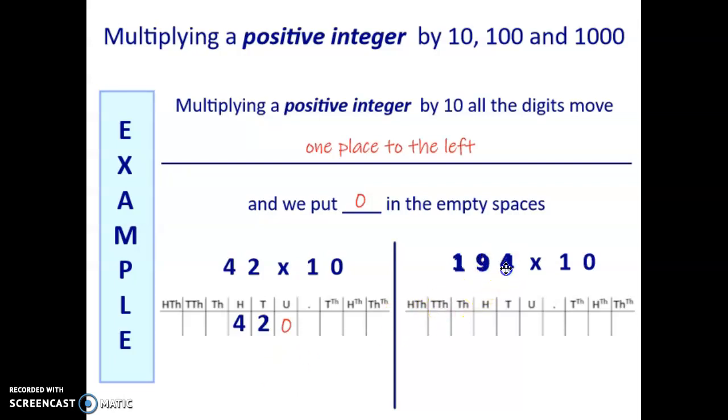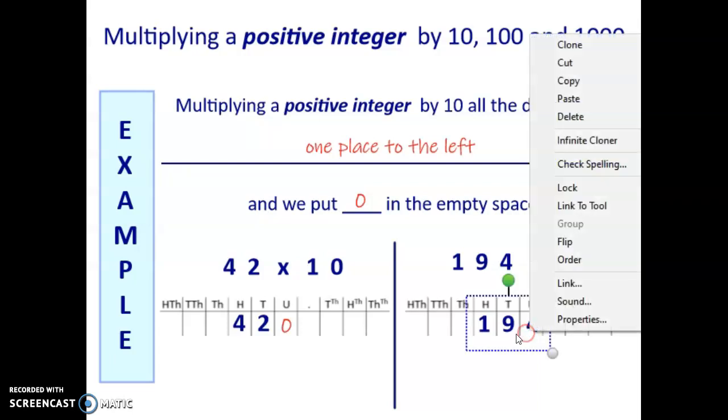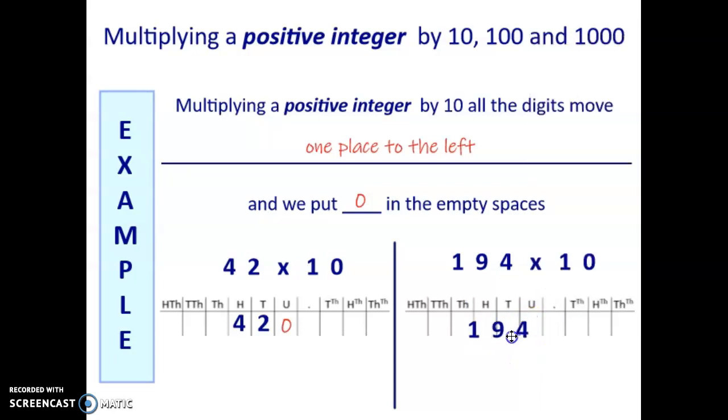So I'm going to do the same thing. I'm going to put 194 in my place value chart. The 1 goes under the hundreds, the 9 goes under the tens, and the 4 goes under the units. To multiply my positive integer by 10, I move all the digits one place to the left. There we go.